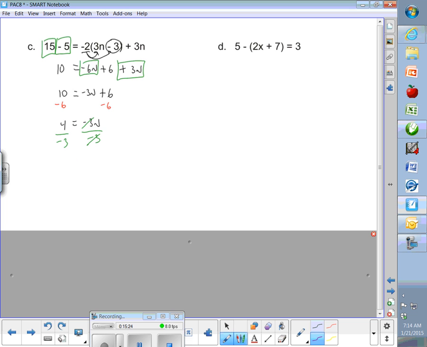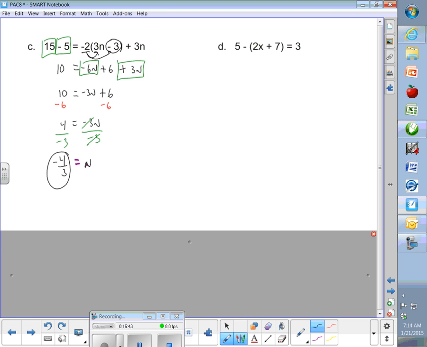Hey, our variable is all isolated on the right-hand side. And again, did we leave a negative in the denominator? No. We put it in the numerator because a positive divided by a negative is a negative. We get negative 4/3. Okay?